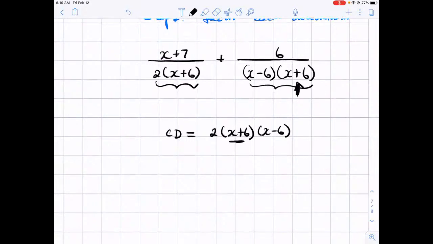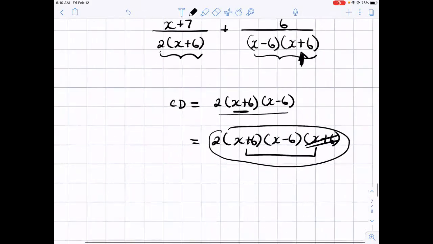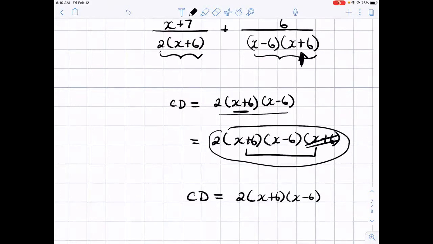Or you can write everything out and take out repeated. Notice that if you write 2 parentheses x plus 6 times the x minus 6 times the x plus 6, any repeated, you only write it once. So either this way or this way. Regardless, the common denominator is 2 parentheses x plus 6 times x minus 6.